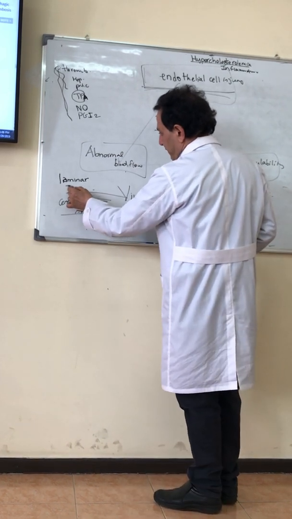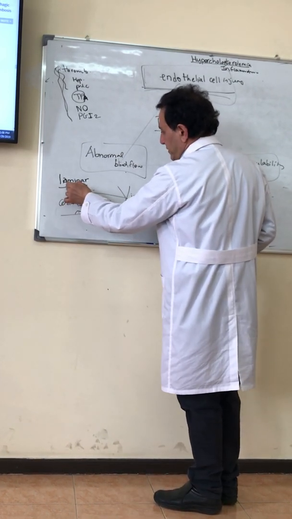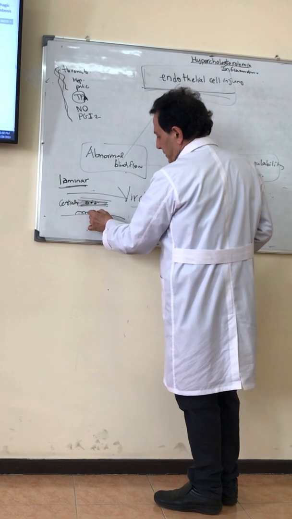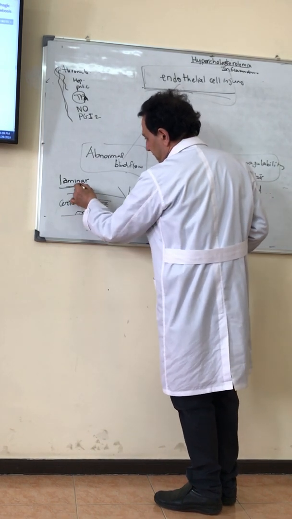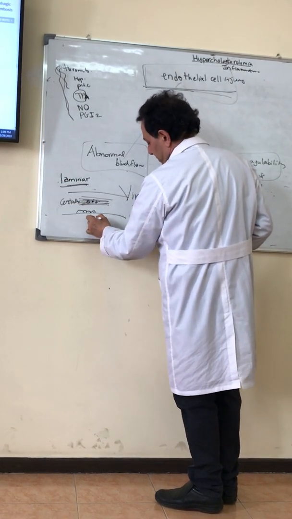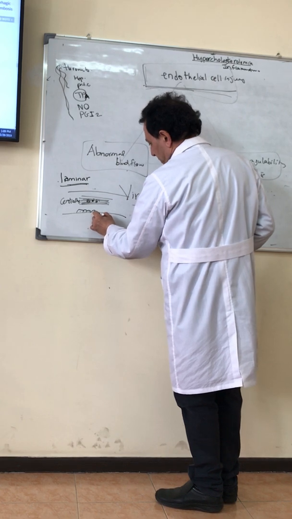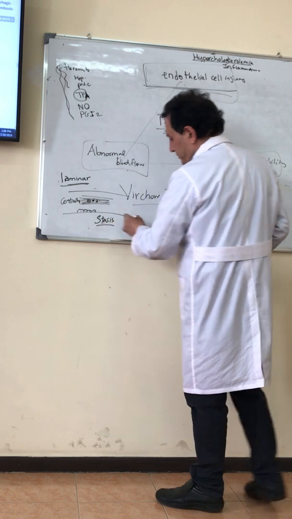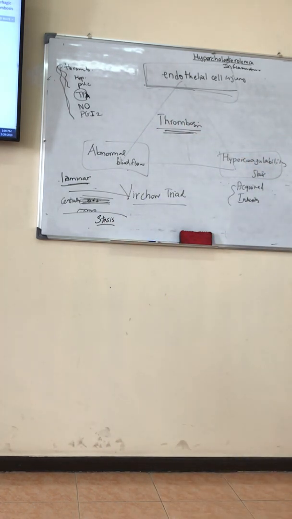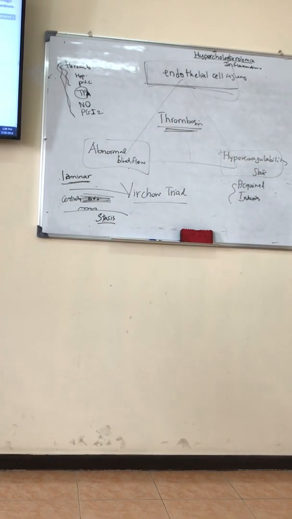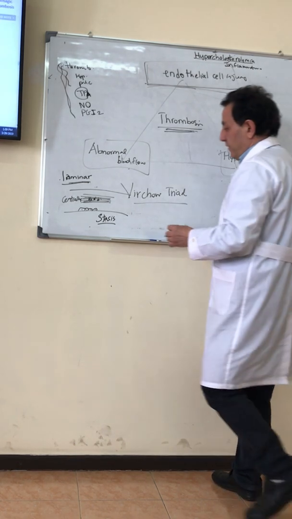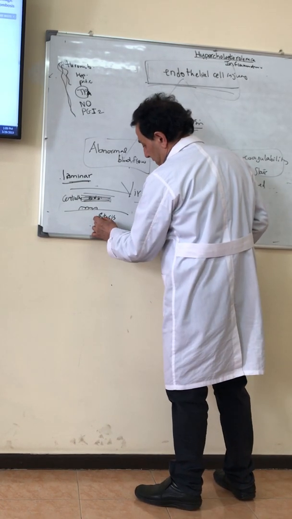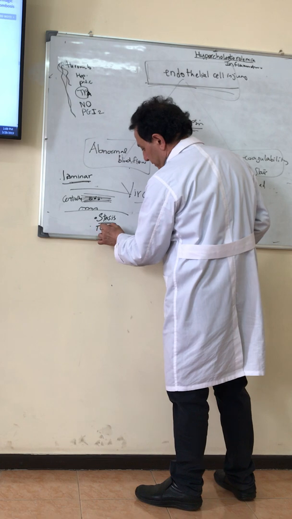So normal blood flow is laminar. But this laminar flow can change to stasis. Stasis means decreasing the blood flow, and also turbulent blood flow.